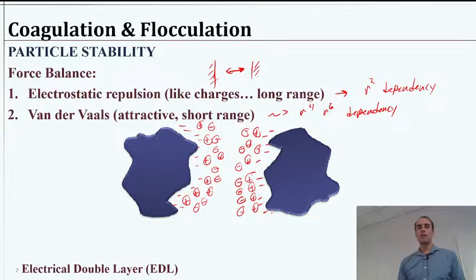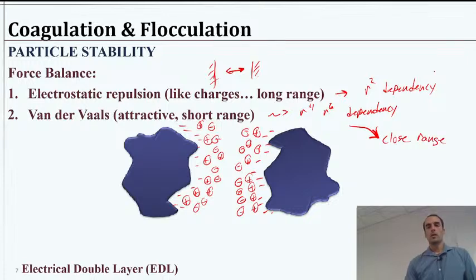They can attract very strongly, but they have to be very close. That's the deal. So all this really means is this is very close range. The electrostatic repulsion tends to be the one that dominates because it keeps them at a further range. But if you can bridge that or eliminate that in some way, then you will get good potential for attraction there.